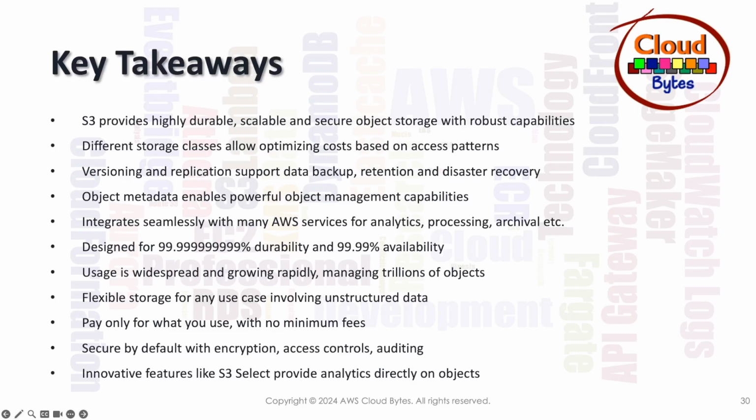Object metadata enables powerful object management capabilities. It integrates seamlessly with many AWS services for analytics, processing, archival, etc. Designed for 11 nines of durability and 99.99% availability. Usage is widespread and growing rapidly, managing trillions of objects.